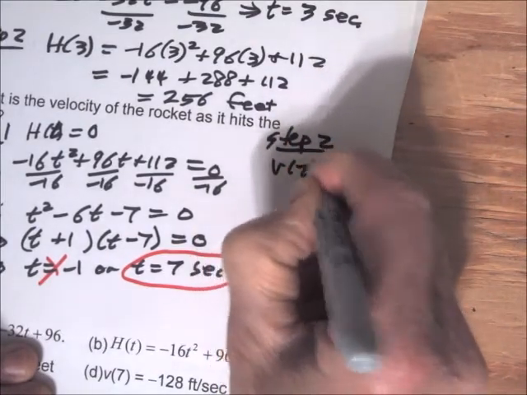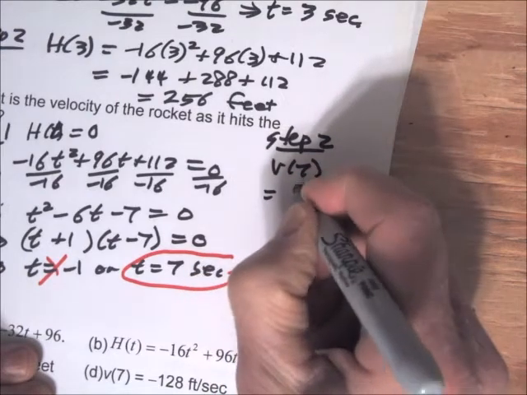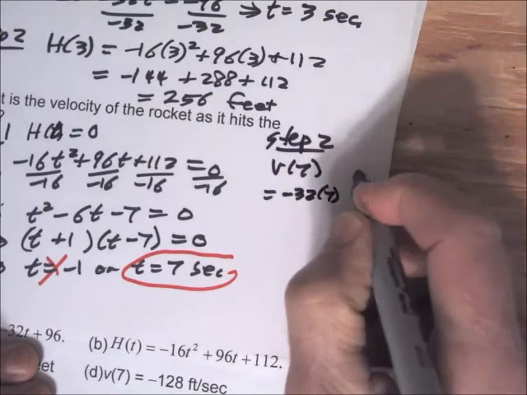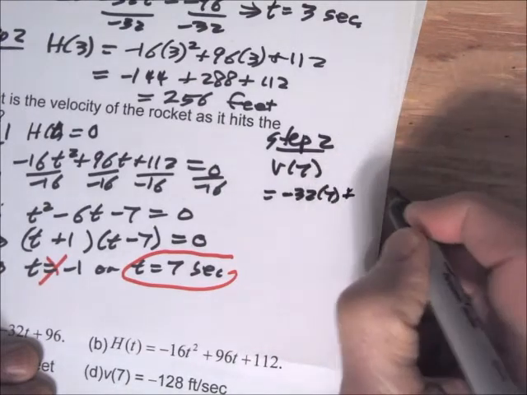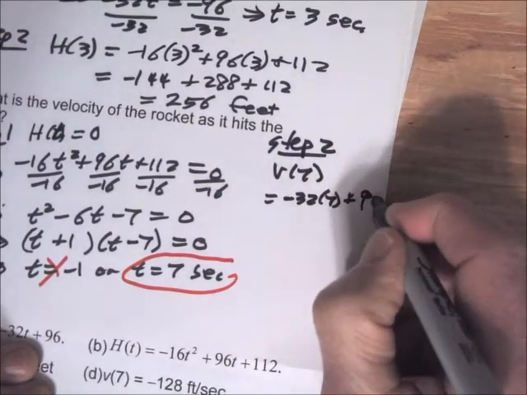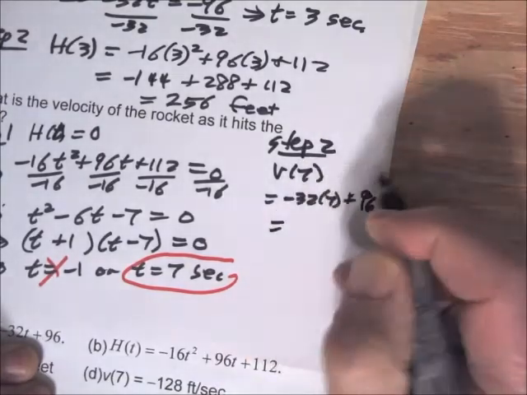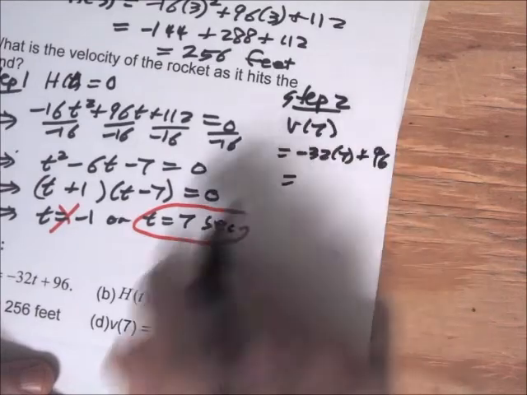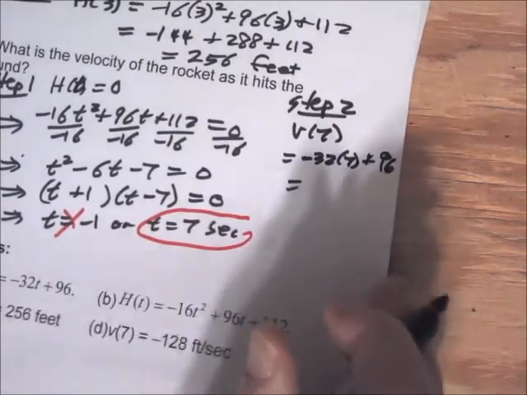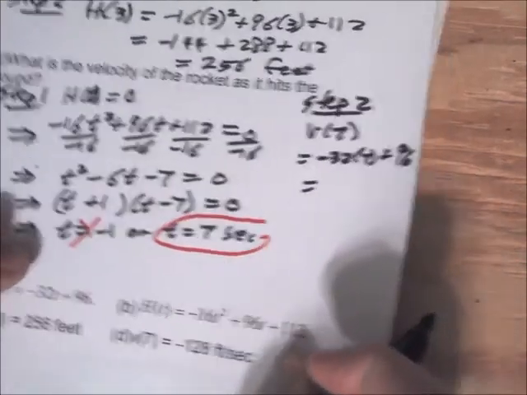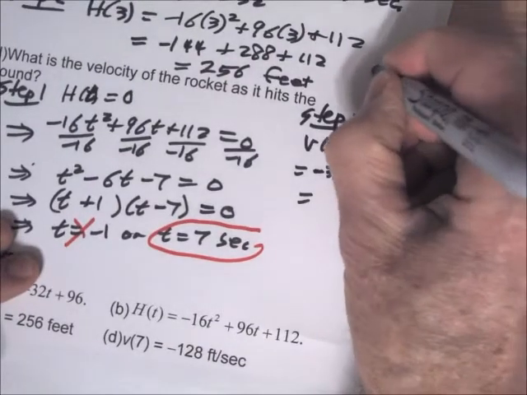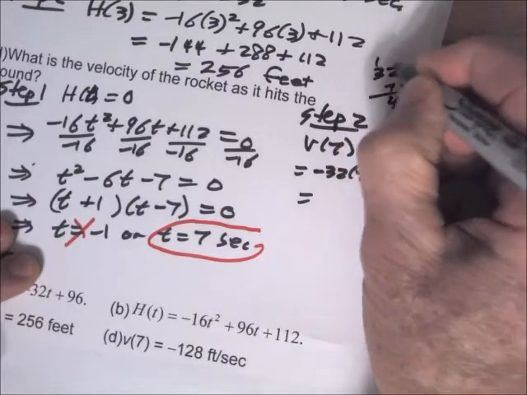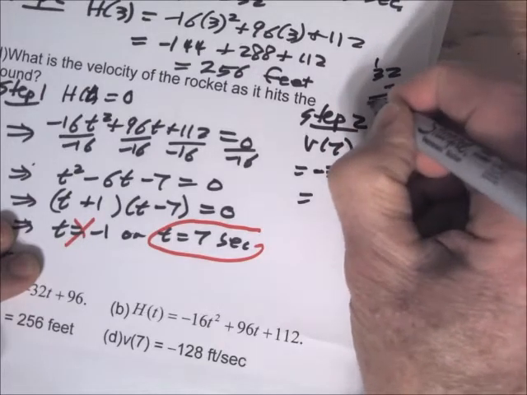v of 7 is going to be minus 32 times 7 plus 96. So that's going to be going pretty fast. 32 times 7. 7 times 2 is 14. 3 times 7 is 21, plus 1 is 22.